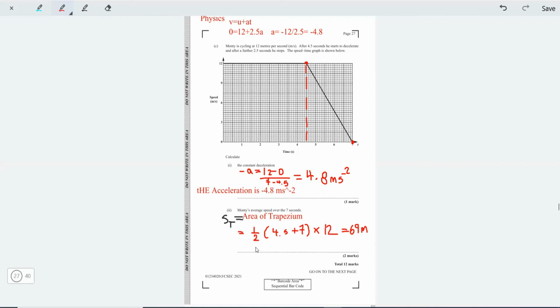meters. Then to find the average speed, I'm going to call it VA, meaning velocity average. Average speed is then the 69 divided by 7. Work that out now: 69 divided by 7.